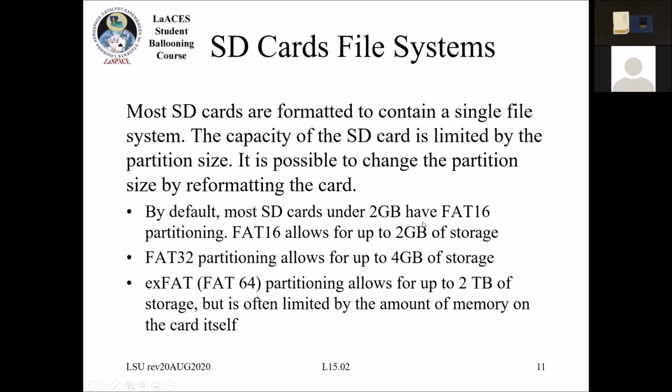So what you'll see often is FAT, which is File Allocation Table again, followed by a number. You can increase that up to 32, which gives you up to 4 gigs, or 64, which will give you up to 2 terabytes, which is larger than most memory devices you'll find these days.